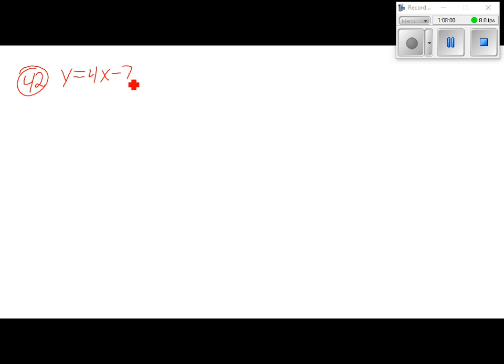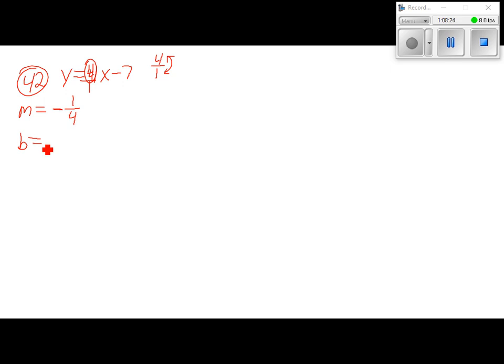The slope of that is 4. We want the opposite reciprocal of that for the slope of our new line. So we have 4/1, we flip it over, and we take the opposite. It was a positive, now it's going to become a negative, and we flip it over so it's -1/4. That's the slope of the new line.